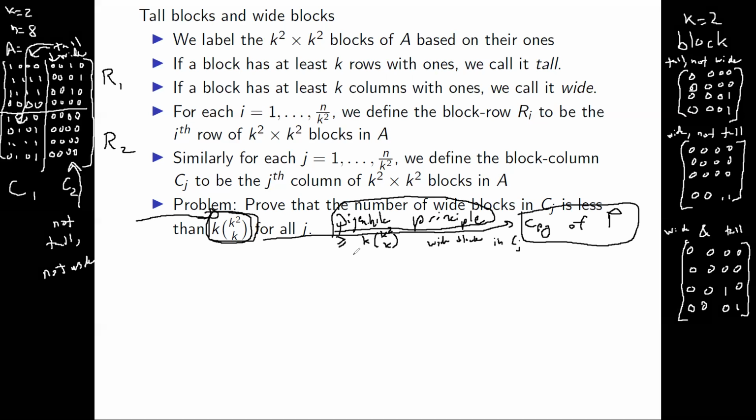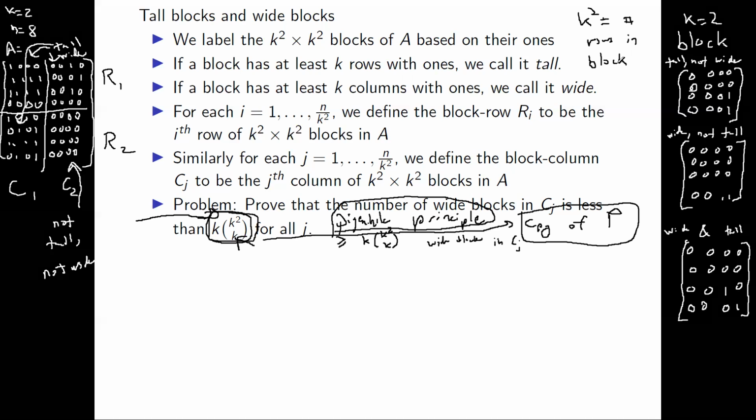So k squared choose k, I mean, we can think about k squared as the number of rows in the block. And this k down here, we can think of that k in a wide block or tall block.